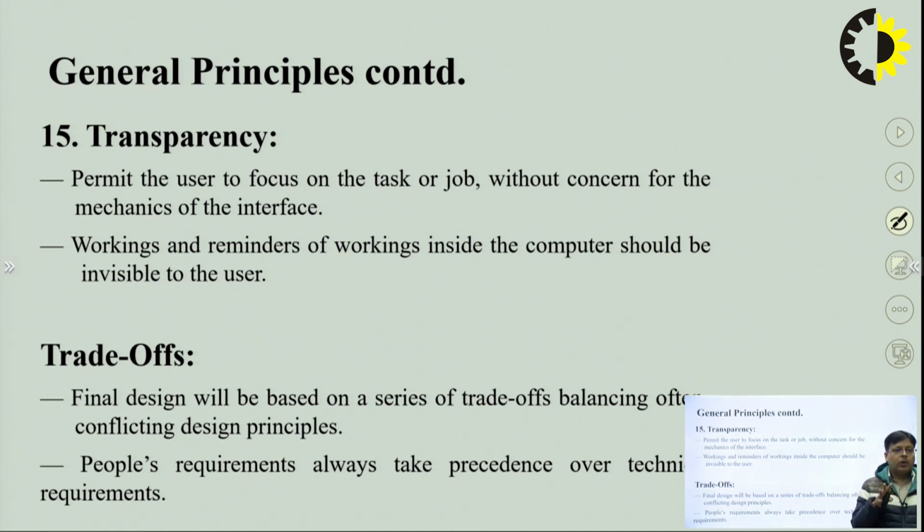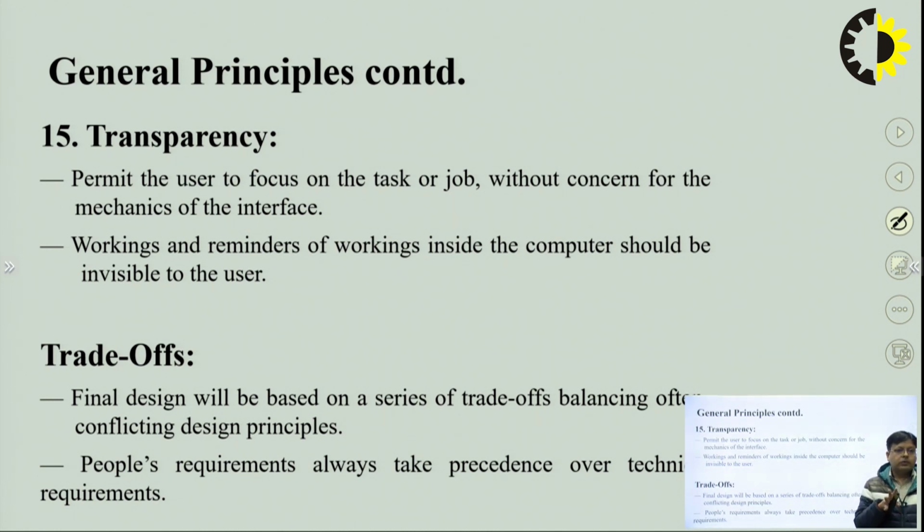But the one thing that should be kept in mind is that the people's requirement always takes precedence over a technical requirement. So the user interface must be a user-centric design. There should be hiding of technical limitations. The user should not suffer due to technical limitations.